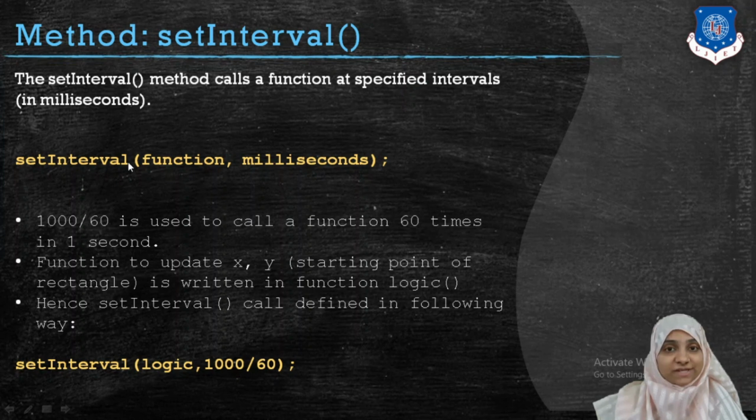We have used 1000 divided by 60, which is calling our function 60 times in 1 second. 1000 is nothing but 1 second represented in milliseconds. And the function to update x and y, which is the starting point of the rectangle, is written inside the logic function. So the name of the function is logic. That's why we have used setInterval logic comma 1000 divided by 60.